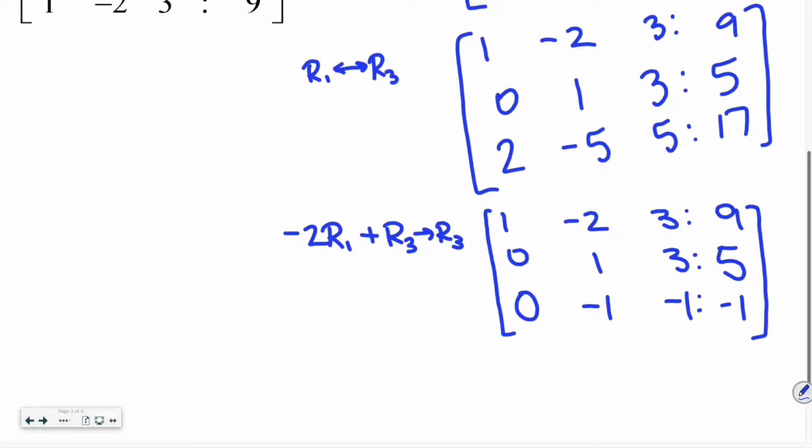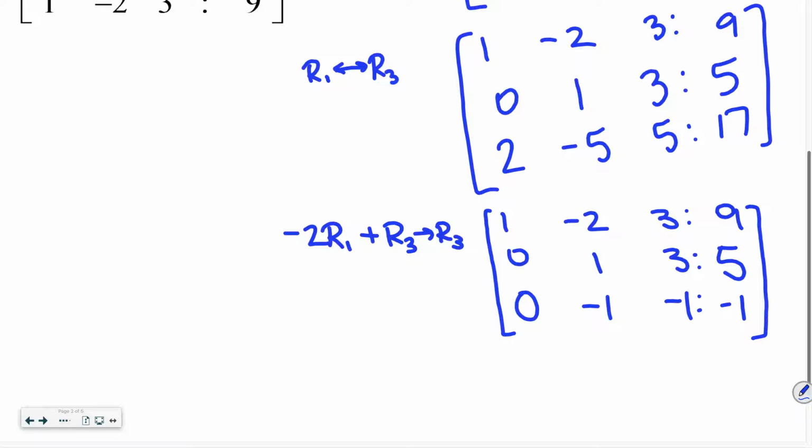Okay, now we need our last row to be 0, 0, 1. Is row 1 going to be helpful for us? No, because we've already done this work to make this 0. The only row that could be helpful to us is row 2. It's actually really helpful, isn't it?